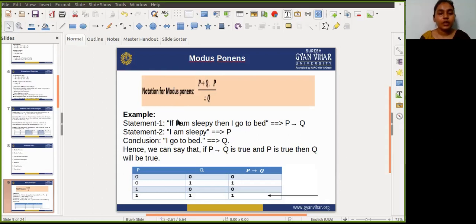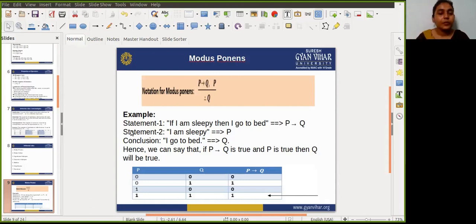So for the result of modus ponens, it is written here 0. Here you cannot write just P implies Q. Here you have to write P implies Q and P. Only in that case you will have a value 0. Again, for the same, P implies Q gives result 1, and the value of P is 0, so obviously it will be 0.